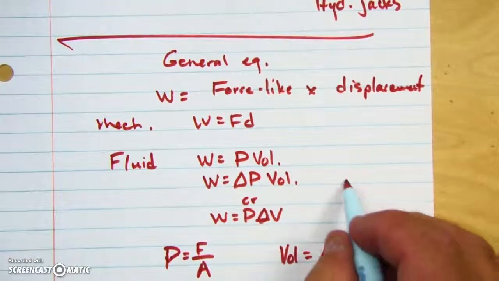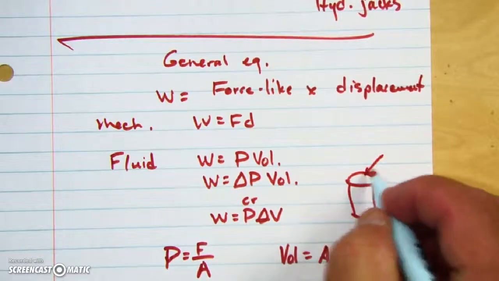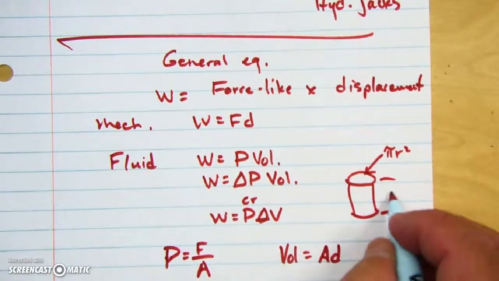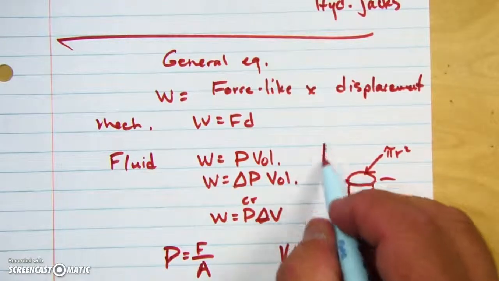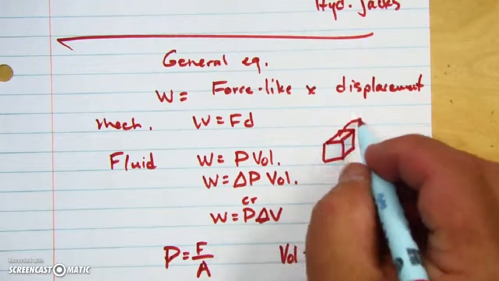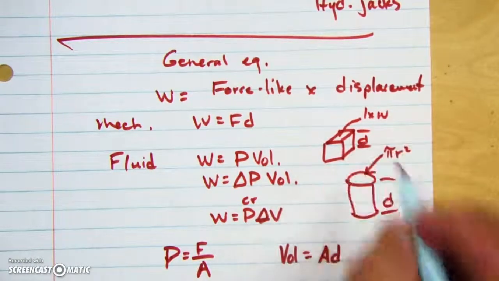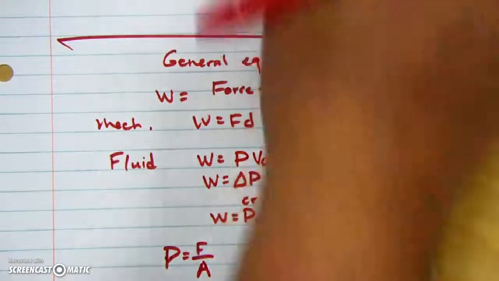So if I have a circle, volume would simply be the area of this end, pi r squared, times that d. With a rectangle, that would be length times width, and that would be d. Length times width times d gives you volume. So in all cases, that actually works.